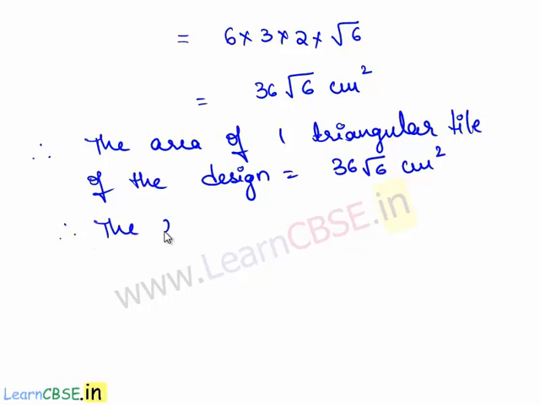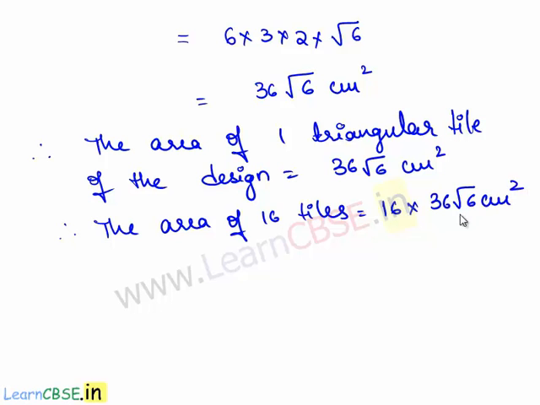Therefore, the area of 16 such tiles is equal to 16 times 36 root 6 centimeter square, which is equal to 576 root 6 centimeter square.